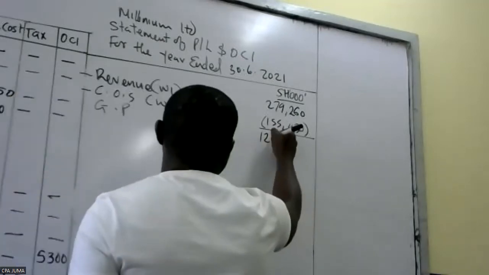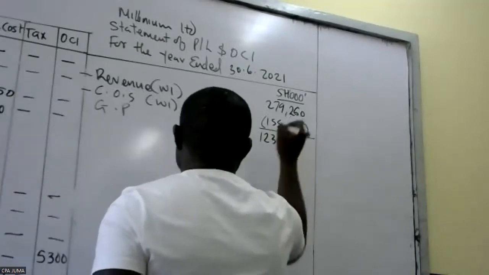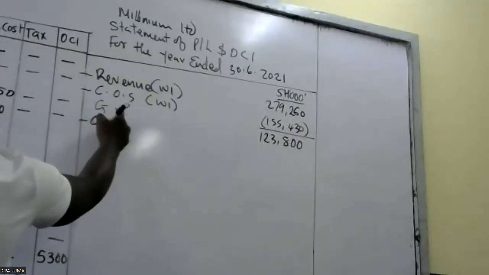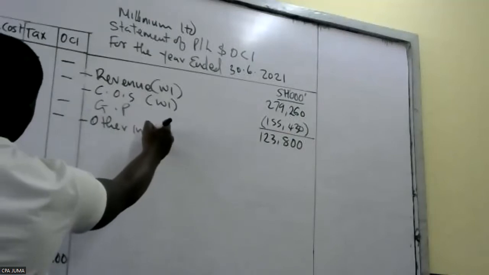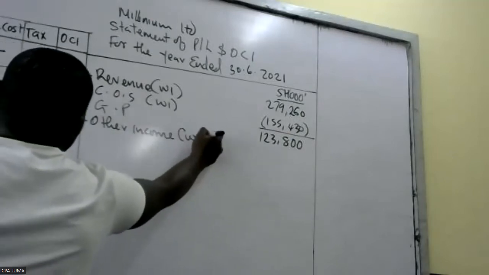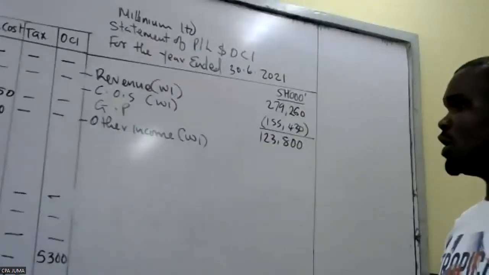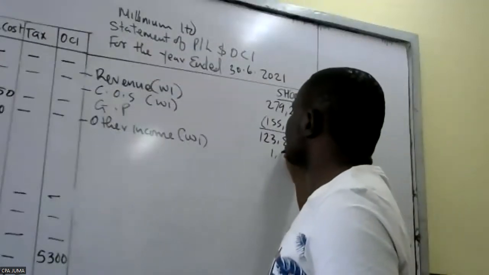123,830. You go to other income. Also working one. Other income working one is 1,500.